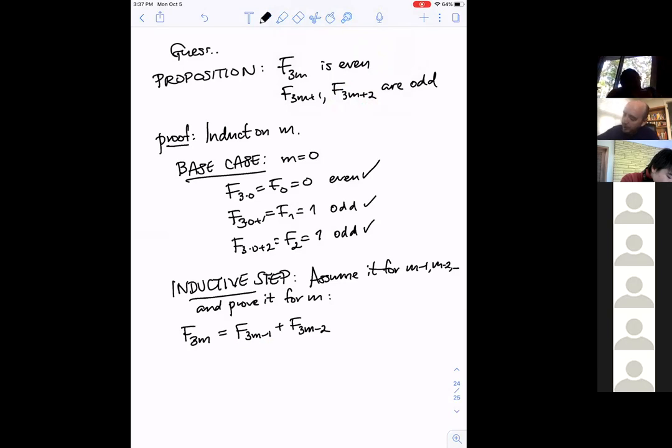If you want, just to be completely explicit, I could write this as 3 times M minus 1 plus 2, right? It's got a remainder of 2 when you divide by 3, and that's the key point. The other one is F of 3 times M minus 1 plus 1, right? It has a remainder of 1 when you divide by 3. And so this thing is odd by induction.